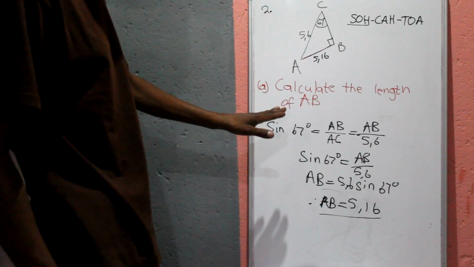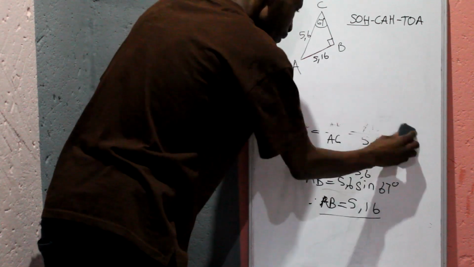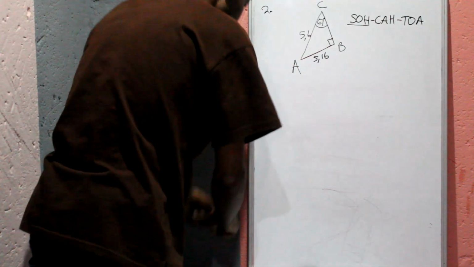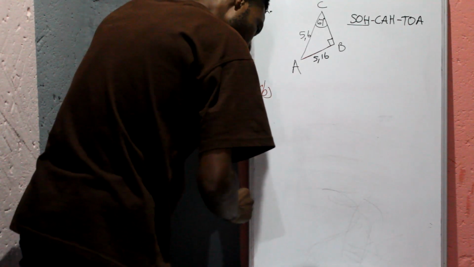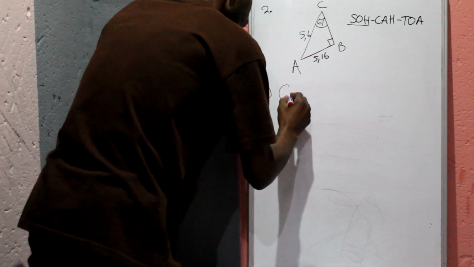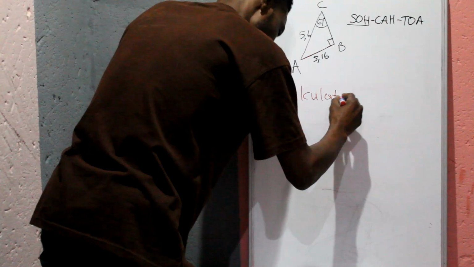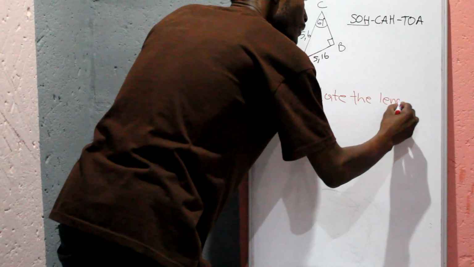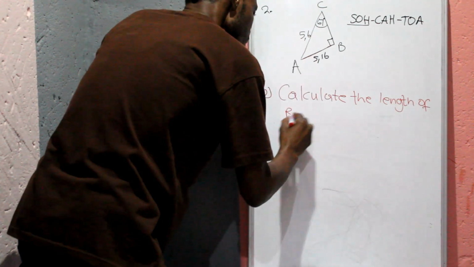Now that we found AB, question B then requests us to find BC. Calculate the length of BC.